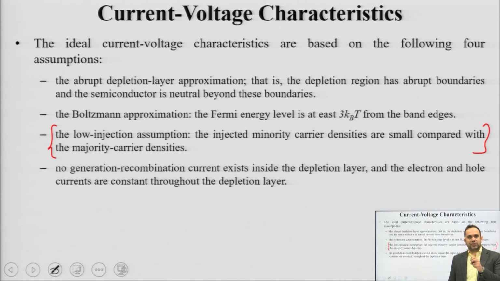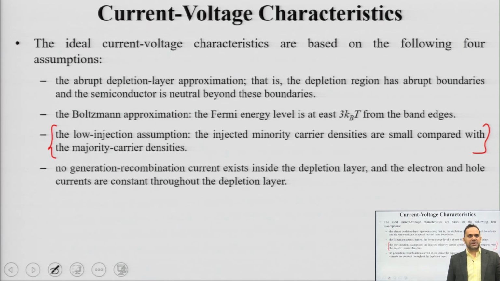Whenever electrons move from N to P, inside the P region, these electrons become minority charge carriers. This phenomenon is known as minority carrier injection. The level of minority carriers injected on either side is generally, for all practical purposes, very small as compared to the majority concentration which was present originally.